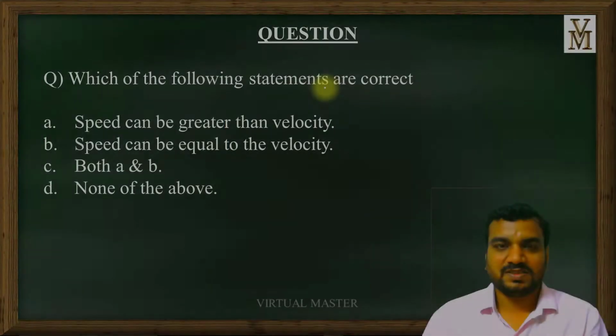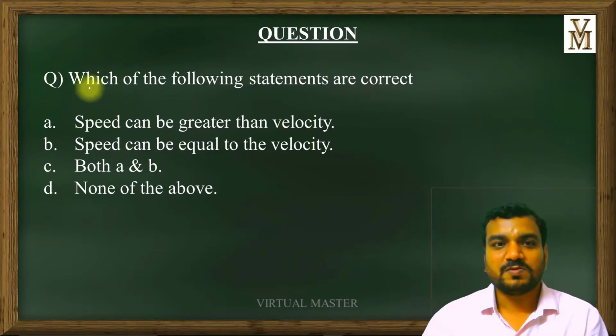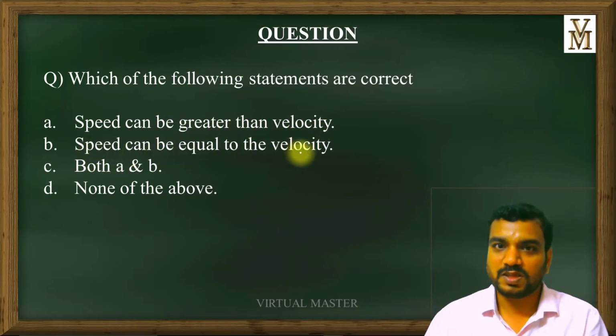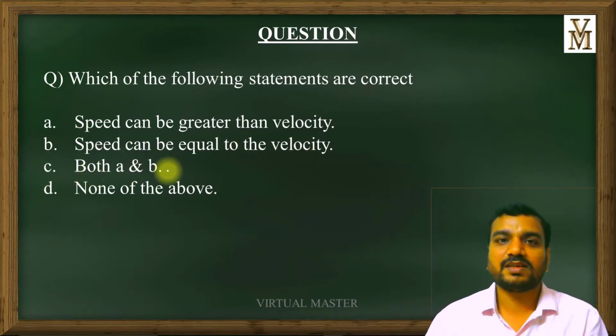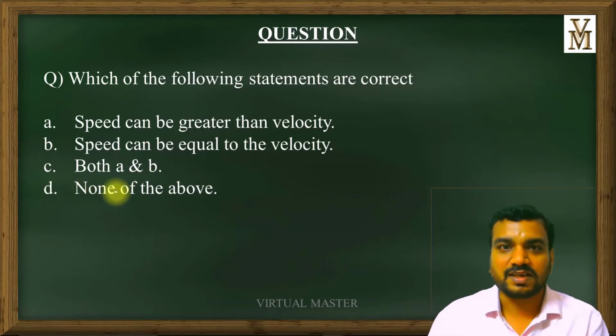The question of the session is: which of the following statements are correct? Option A, speed can be greater than velocity. Option B, speed can be equal to the velocity. Option C, both A and B are correct. Option D, none of the above statements are correct.